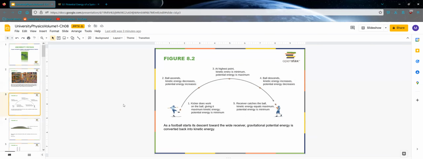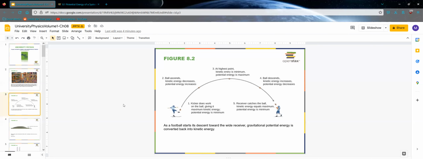As the ball increases in altitude, it is spending that kinetic energy to acquire potential energy, in essence. And when the ball reaches the highest point of its arc, its apex, if you will, then you have a potential energy maximum, meaning the ball has moved upward against the force of gravity, and that's all stored up for the ball to fall back down.